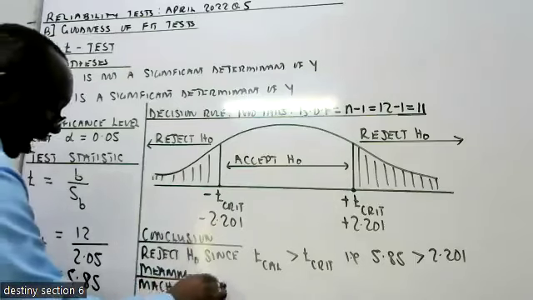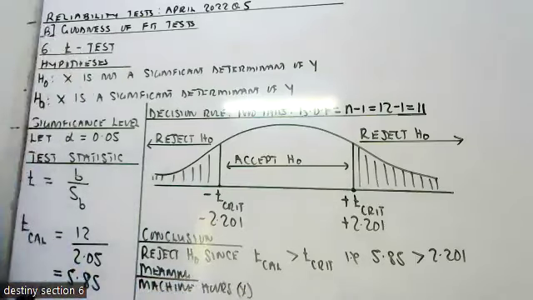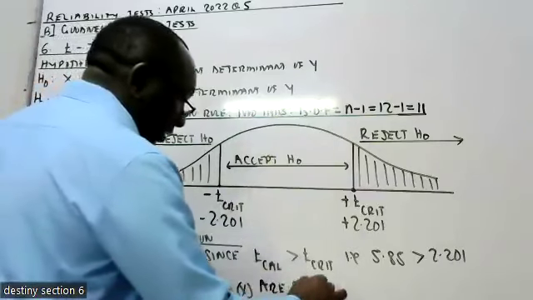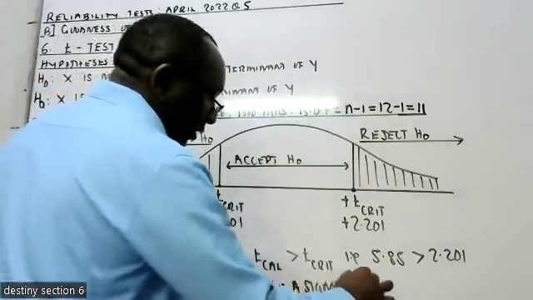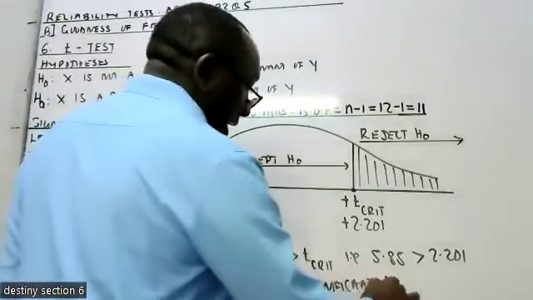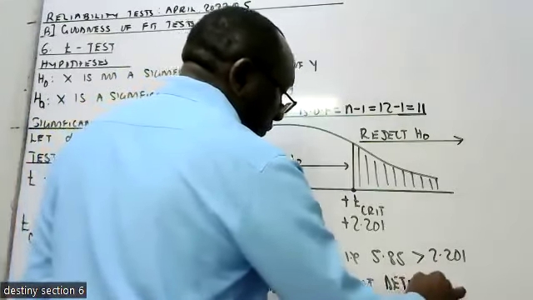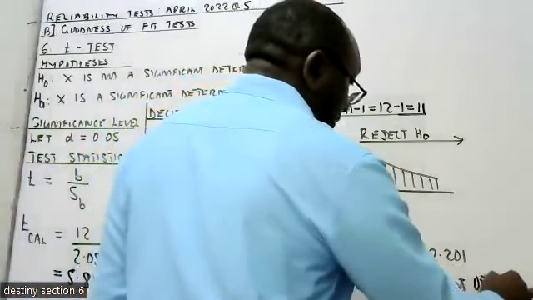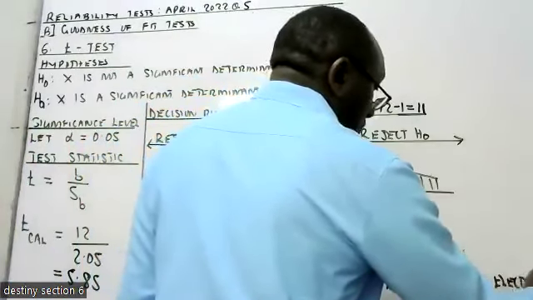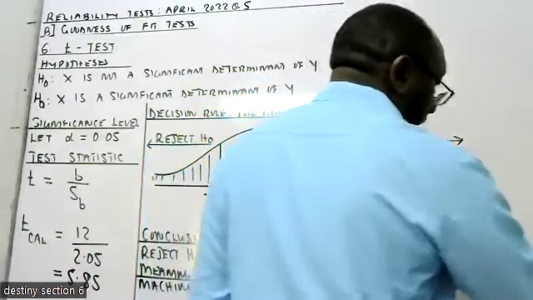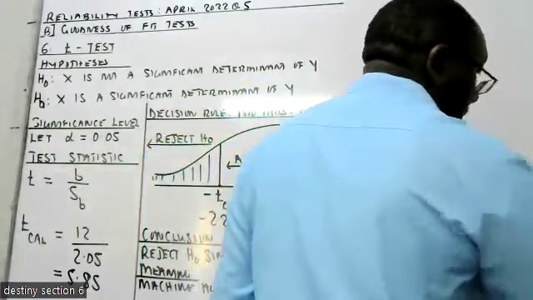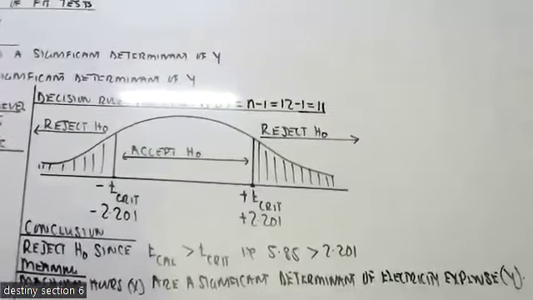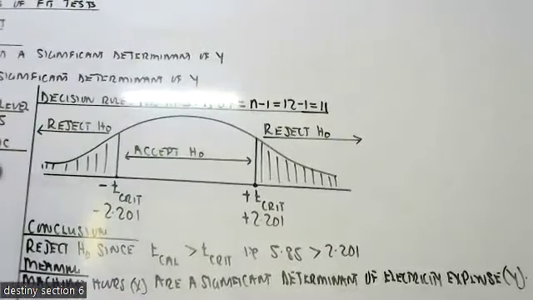Remember, machine hours were our X. So machine hours are a significant determinant of electricity expense, which is our Y.